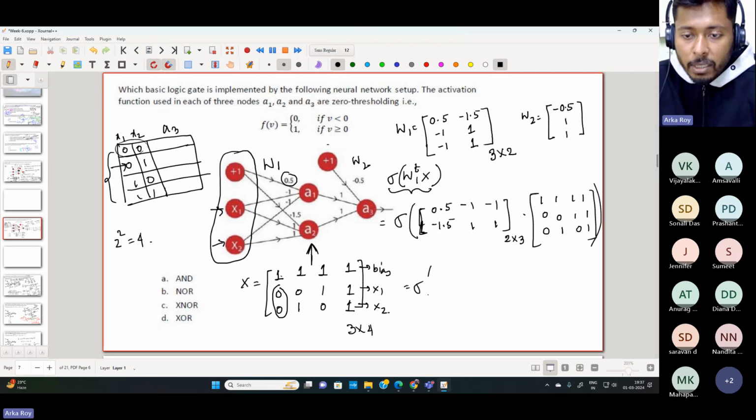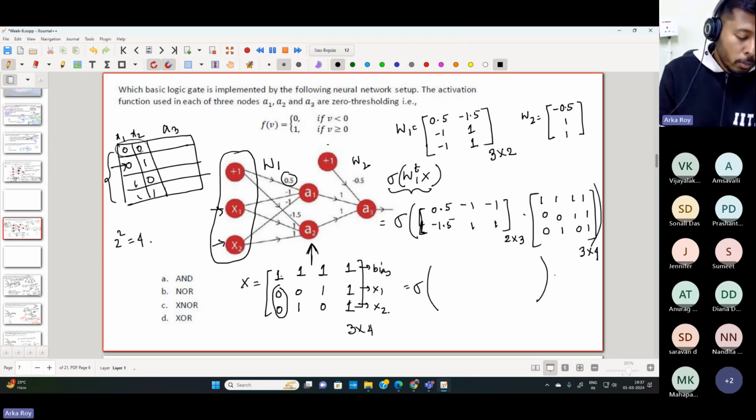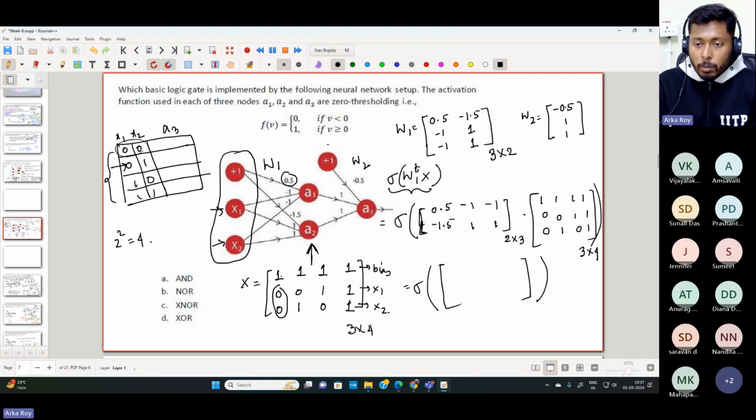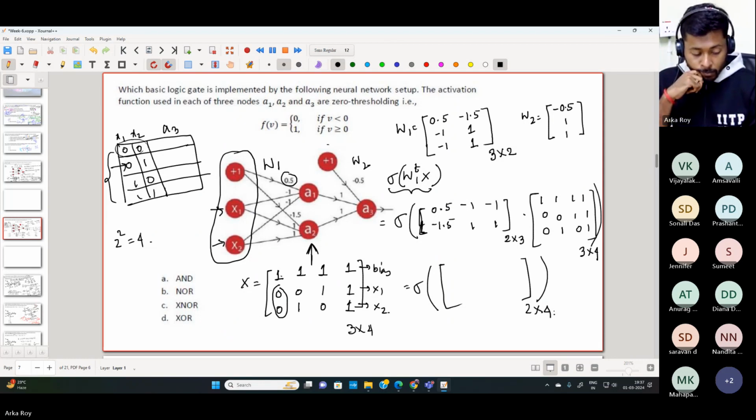So what will be the output of the matrix multiplication? The output will be of shape 2 cross 4. So please find the output of the matrix multiplication. What will be the first element over here? 0.5.